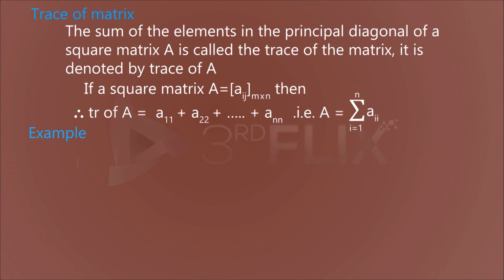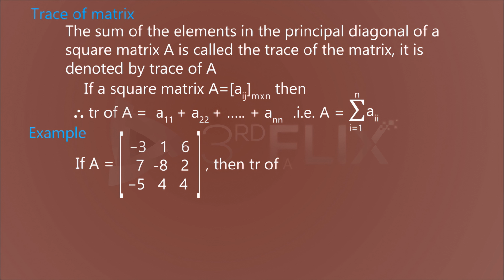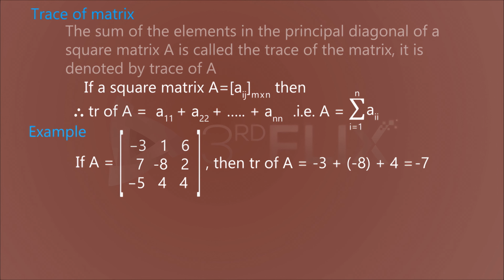Example: if A equals minus 3, 1, 6, 7, minus 8, 2, minus 5, 4, 4, then trace of A equals minus 3 plus minus 8 plus 4, which is equal to minus 7.